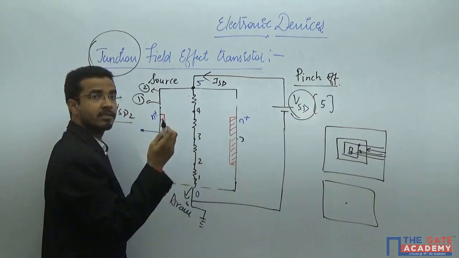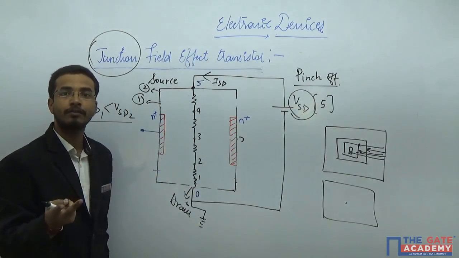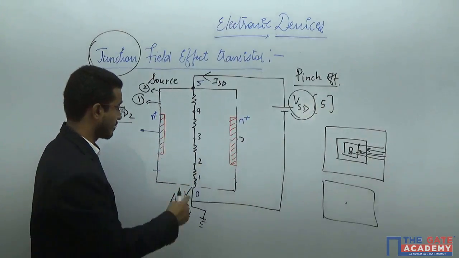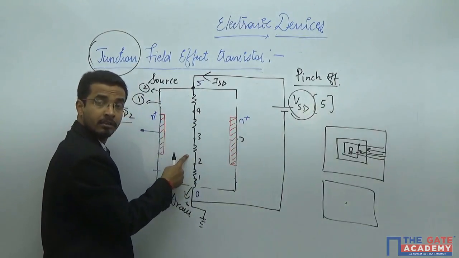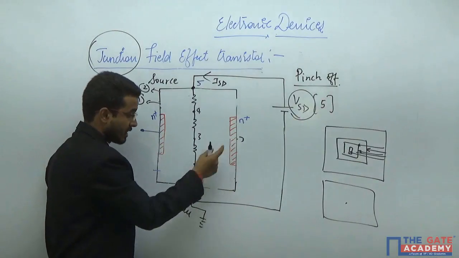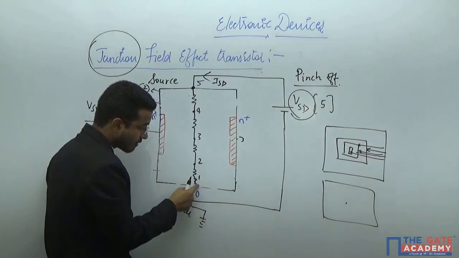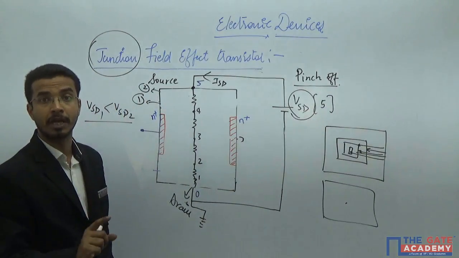The reverse bias is, forward bias is of 2. 4 and 3, forward bias of 1. 3 and 3, 0 bias. Now here N plus is at higher potential than the P. That means here you will get the reverse bias. Here you will get more reverse bias, and at this terminal 3 and 0, that means the bottom side, you will get the highest reverse bias.